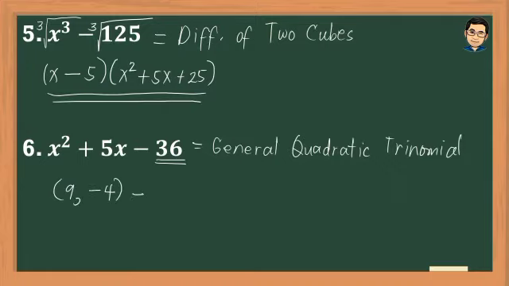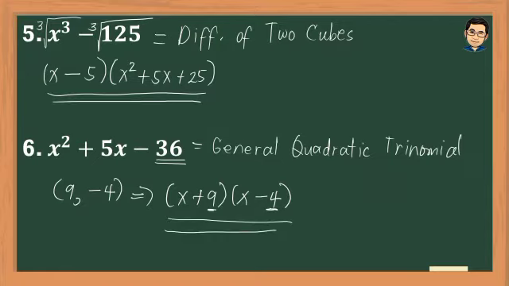So, paano natin isusulat yung factored form niya? Simple lang. X plus 9 times x minus 4. So, to check, 9 plus negative 4, that is positive 5. 9 times negative 4, that is negative 36. So, ito po yung factor ng ating given trinomial.